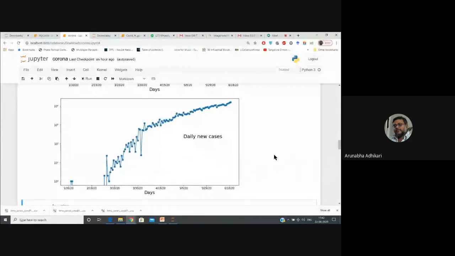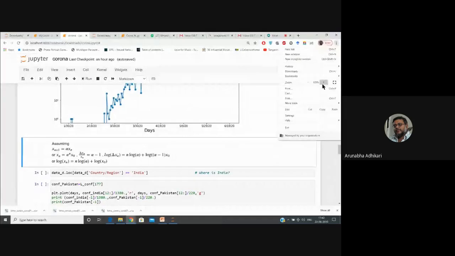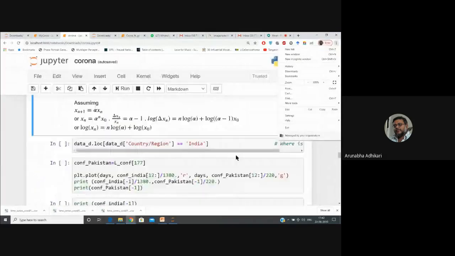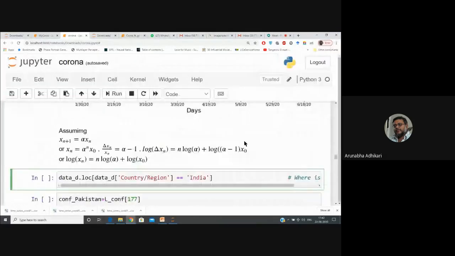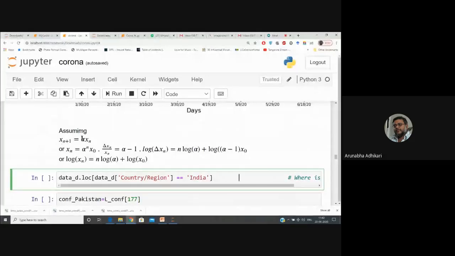Now I want to do a little discussion. It's a very common assumption that the number of cases on the nth day and the number of cases on the n+1 day depend on each other by a single constant alpha.